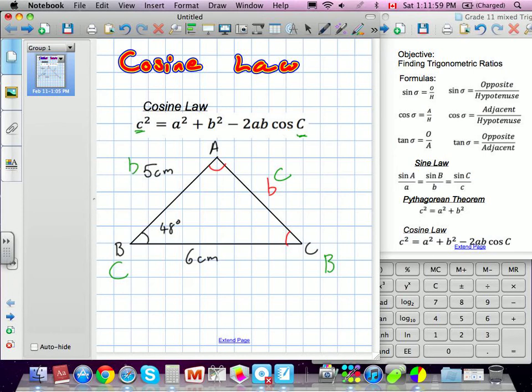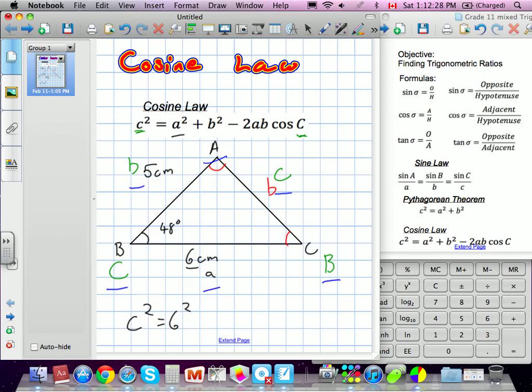Okay, so that means now if we're trying to find side C, we're going to end up with C squared is equal to, we called this our A, right? So that would be side A, which is 6 squared. And recall, just like in sine law, your angle is always opposite the corresponding side. So if this is angle A, this is side A, angle C, side C, angle B, side B. Okay.